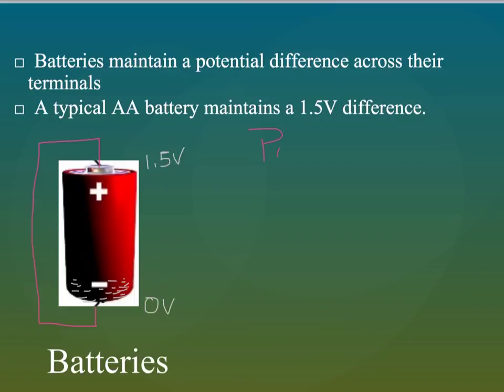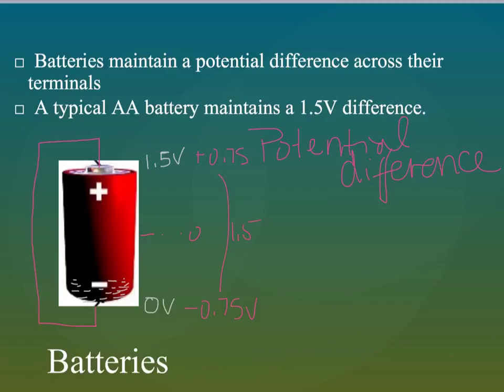Remember, we talk about a potential difference, and that word difference is really key, because we don't have to set 0 here. 0 could be somewhere in the center, and this could be negative 0.75 volts, and this could be a positive 0.75 volts, but our difference is still 1.5 volts.